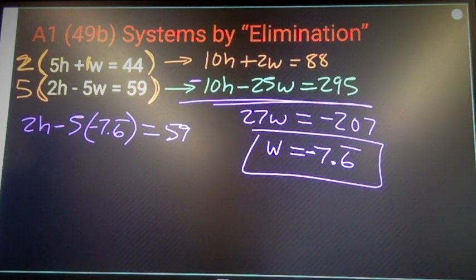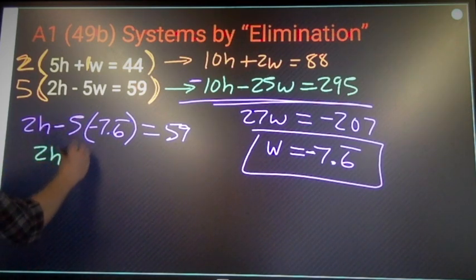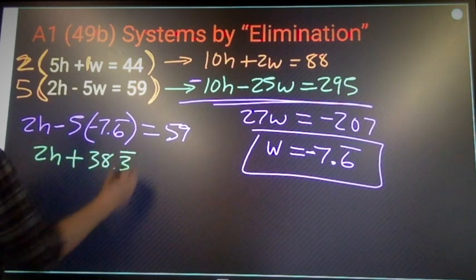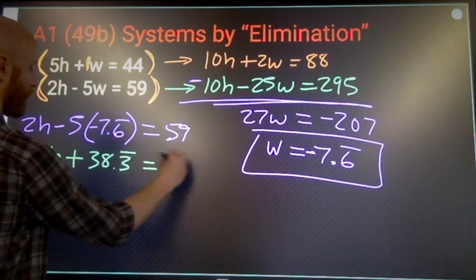Do this mathematics. 2 h's minus 5 times 7.6 repeating, so minus a negative, we got plus 38.3 repeating equals 59.